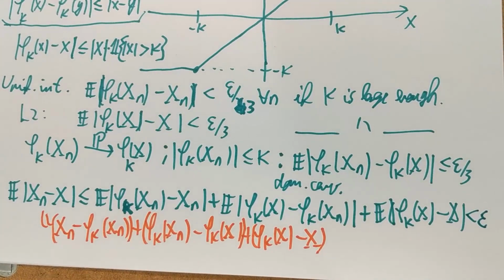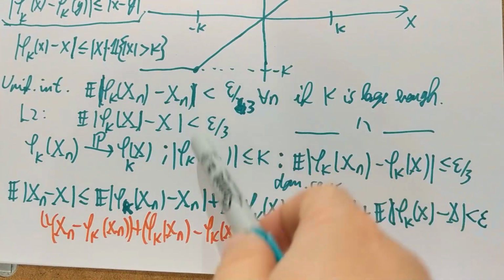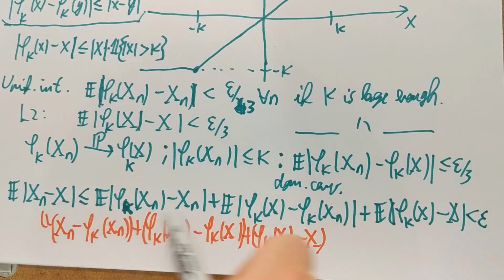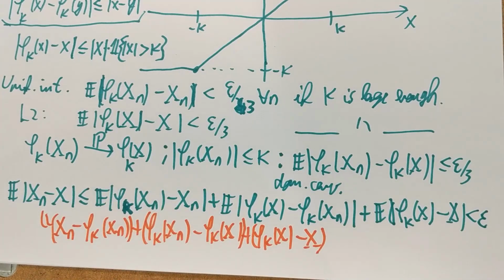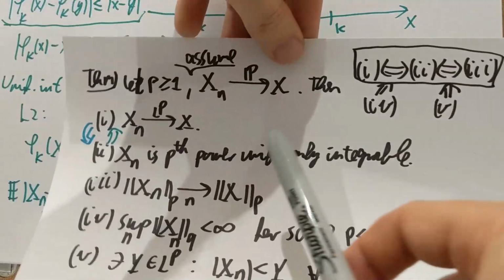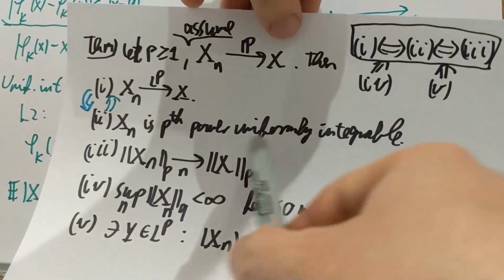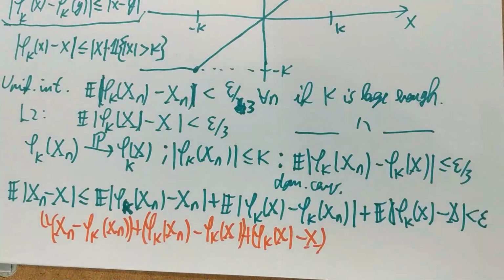So what happened is I picked an epsilon, and I can pick k for that epsilon, and then for that k and for that epsilon I can pick n large enough so that all of this holds. In other words, I picked epsilon, I pick n large enough so that this holds. That exactly means L1 convergence. So I did prove that under the convergence in probability assumption and under first power uniform integrability, I do have L1 convergence. So the proof for p equals 1 is done.